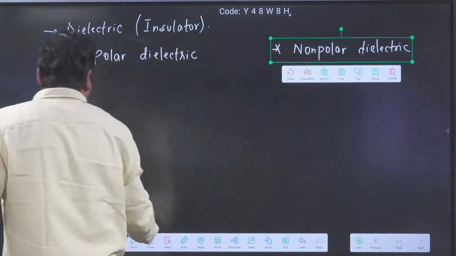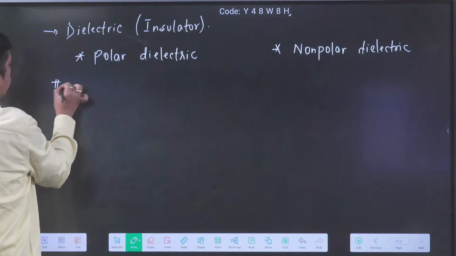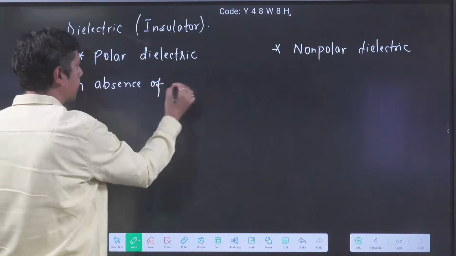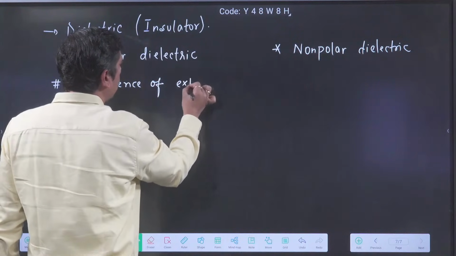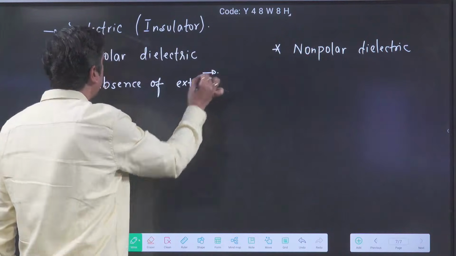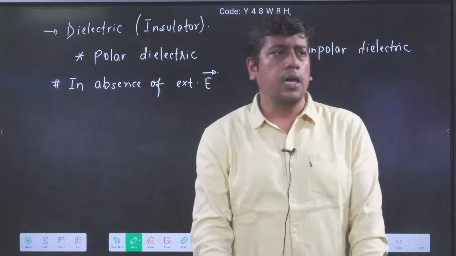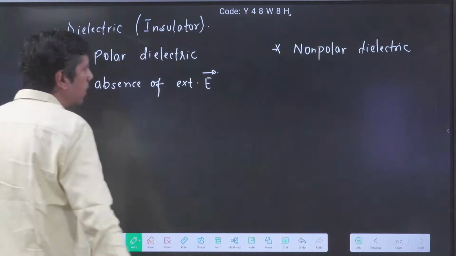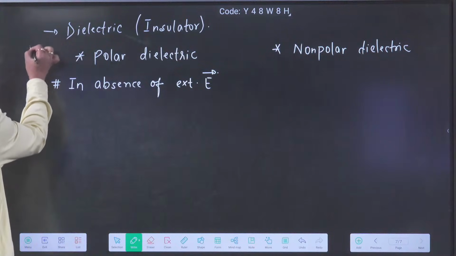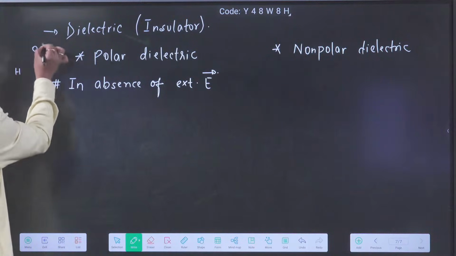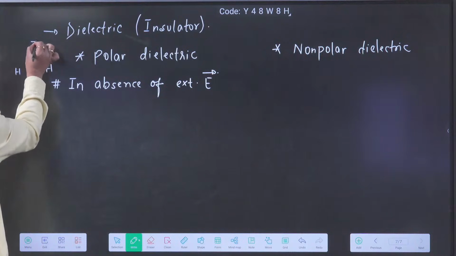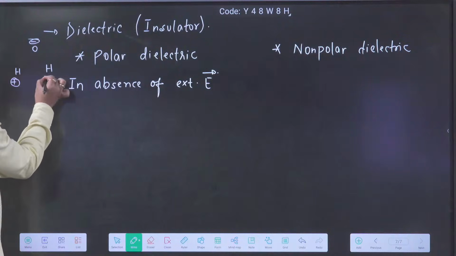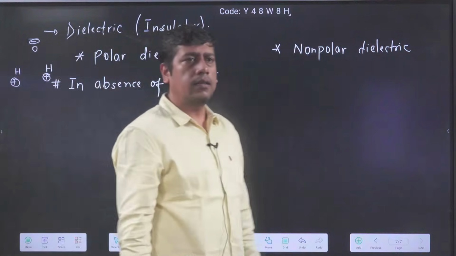We will talk about their properties in the absence of an external electric field. Now understand what happens in a polar dielectric. In a polar dielectric, the positive charge center and the negative charge center are separated. You can take the example of water. Since oxygen is more electronegative, the negative charge is somewhere near the oxygen, and the positive charge will be near the hydrogen, right?